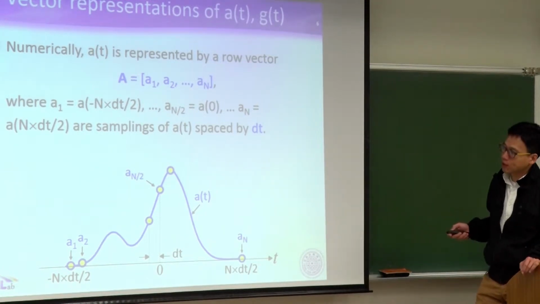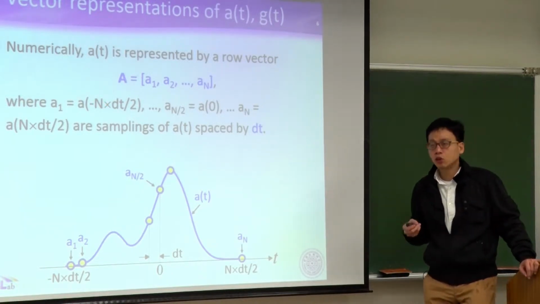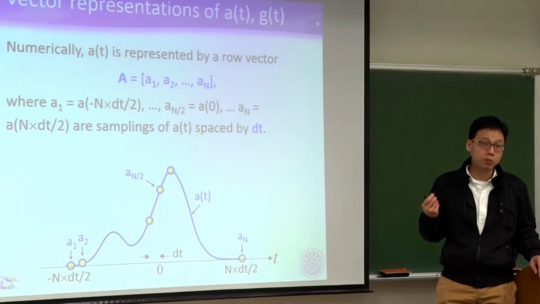These data points are temporally separated by a unit step dt. So A1 is the original function A when t equals the left boundary, which is minus big N times dt over 2, where big N means the total number of sampling points.